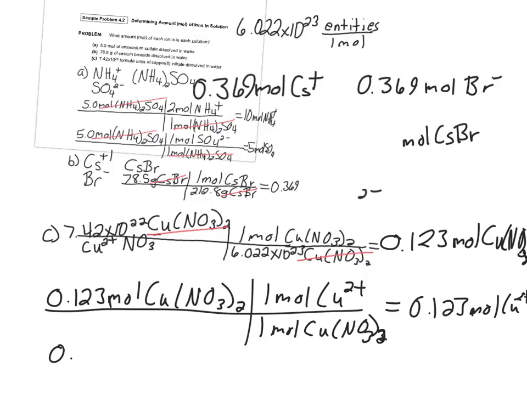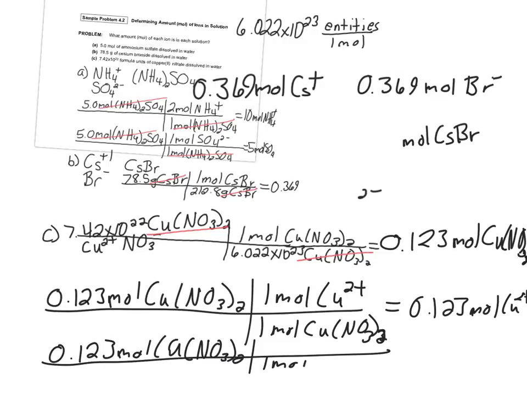And then if I've got 0.123 moles of copper nitrate, for every 1 mole of copper nitrate, I've got 2 moles of NO3 minus, my nitrate ion. So that times 2 is just going to be 0.246 moles of nitrate. All right.